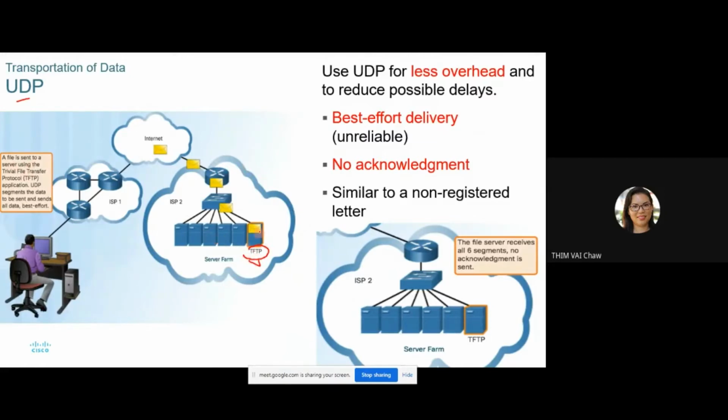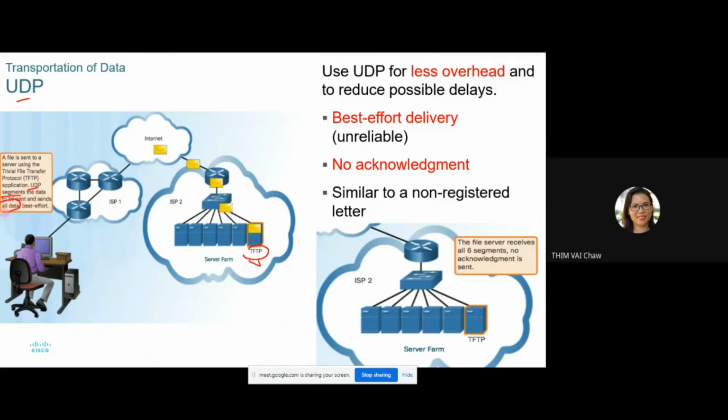Because the configuration of this server is using TFTP, that's why the transport layer is definitely using UDP. So same concept, the data over here will be going to UDP. UDP will segment the data, so it will do the segmentation, then send all the data.